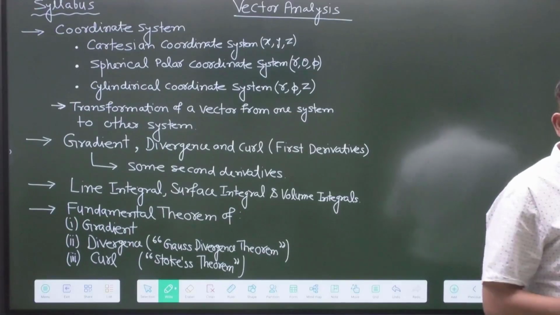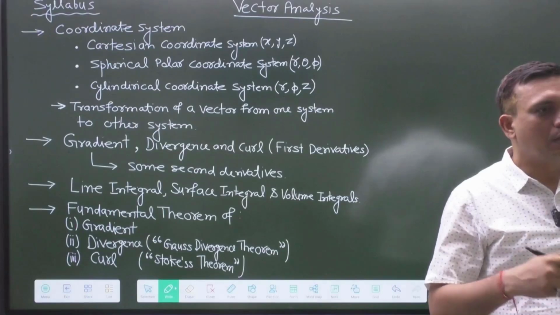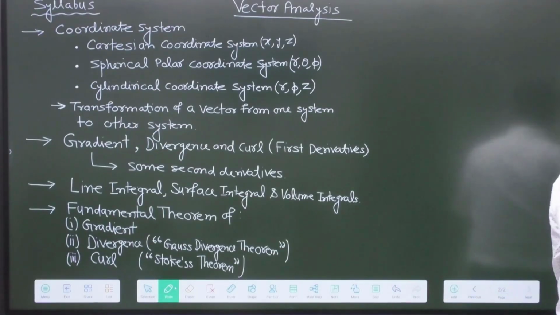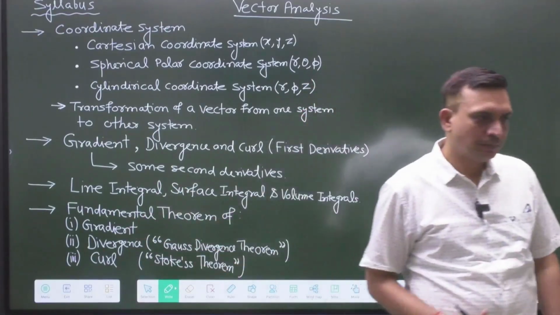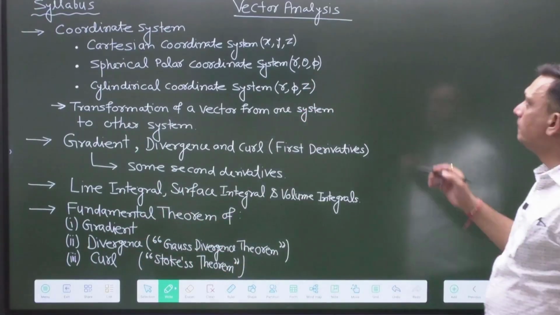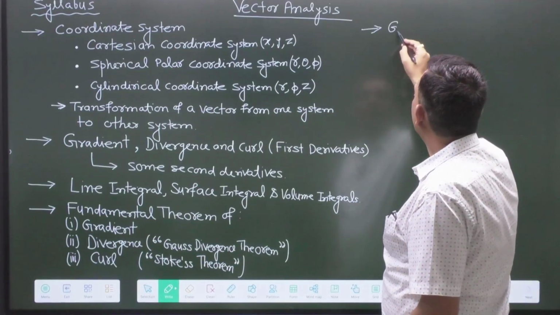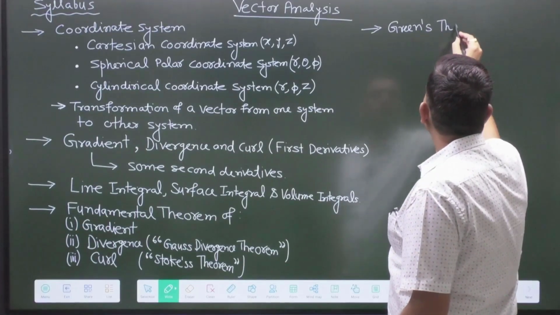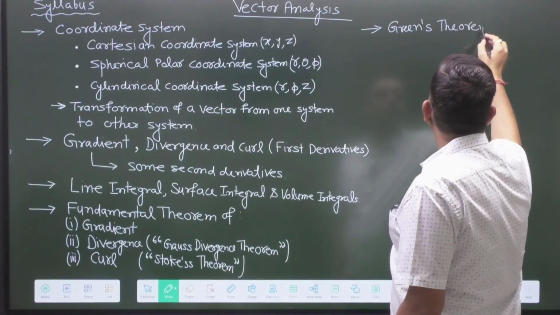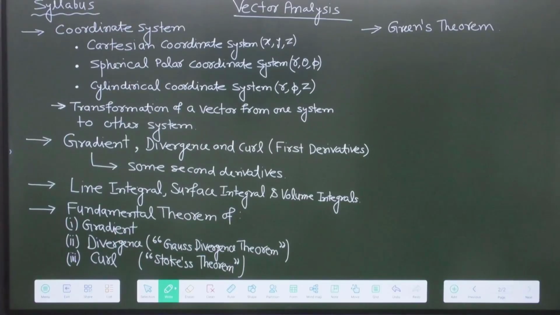Sometimes it is easy to calculate volume integral than closed surface integral, or closed line integral than surface integral. So we will use these theorems to simplify our calculation. Clear? And lastly, we will see another theorem that is called Green's theorem. Note ho gaya?